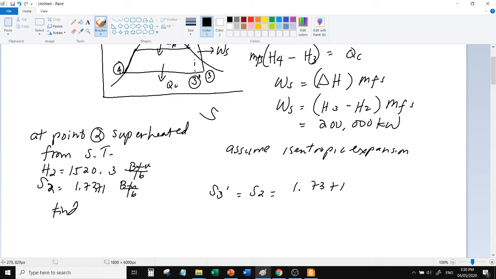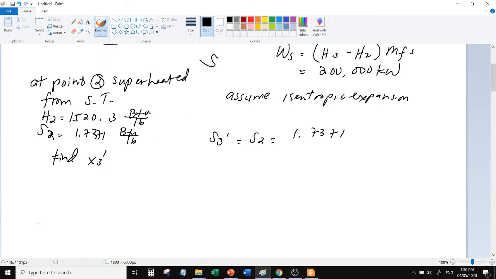So find X3', the quality at point 3'. We have to know S3L and S3V. From the steam table, S3L is 0.23 BTU per pound Rankine. I didn't put the unit, but it's all English units.